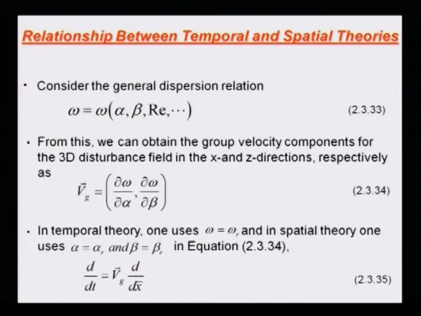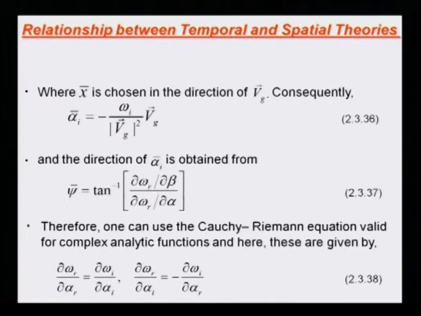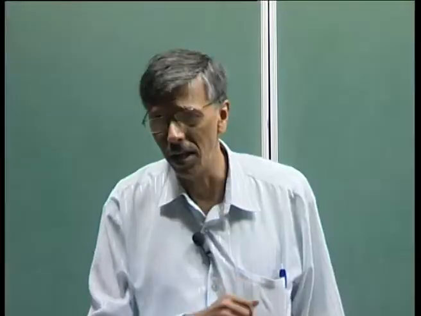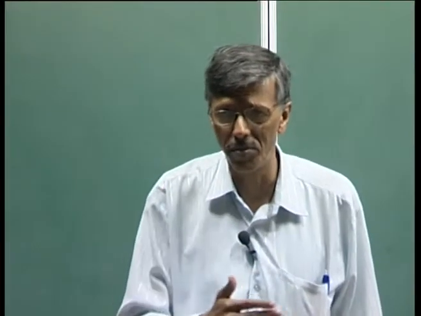As we see today, there is a basis for this equation 35 that comes out from the fact that the complex circular frequency is in general a function of the complex wave number components.